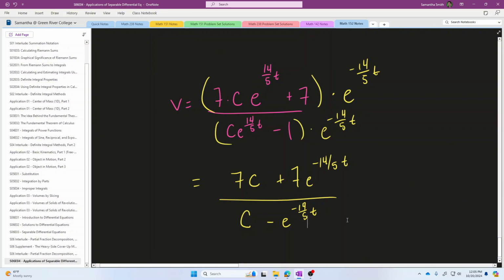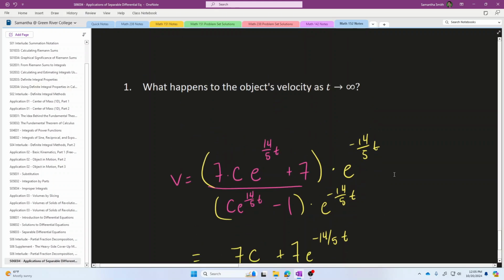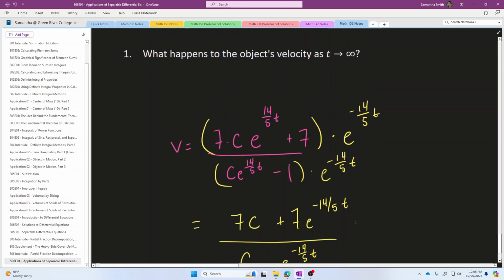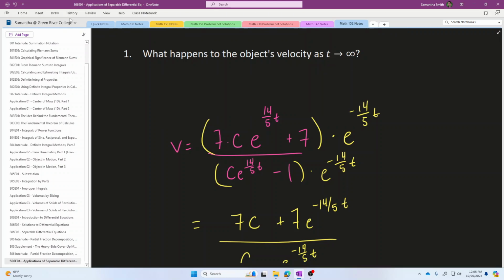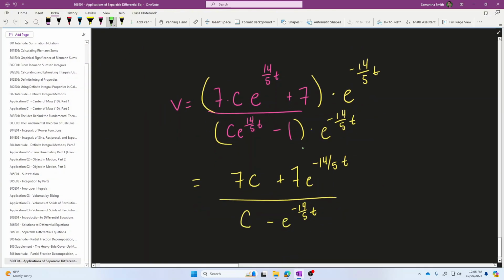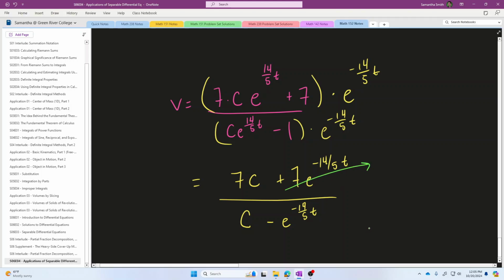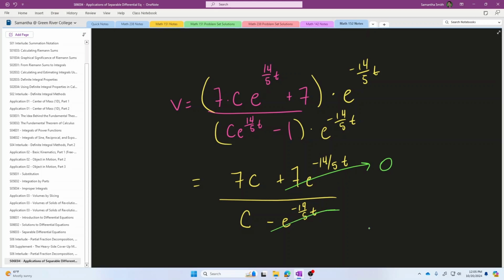Now, the reason why I rewrote this fraction using negative exponentials instead of positive exponentials is because I know exactly what happens to an exponential when I raise it to a very large negative power. As t approaches infinity, and these exponents become very, very large negative numbers, the exponential term begins to vanish away and become 0.